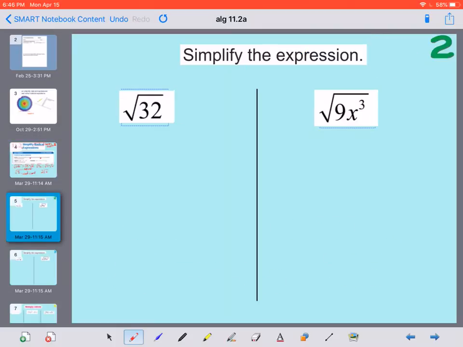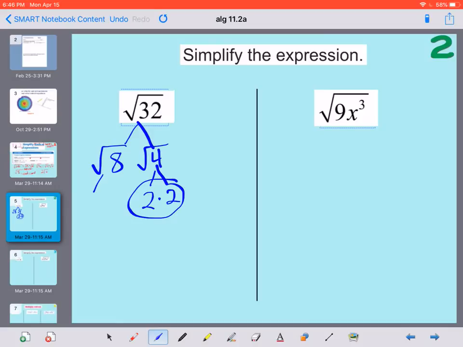First one, we have the square root of 32. Now I know that that is not a perfect square. So what I'm going to do is split this into what we know. I know that 32 is 8 times 4. Now I can find the square root of 4 because that is a perfect square. The square root of 4 is 2 times 2. So now I know that I'm going to have a 2. Here we can split that 8 into 4 and 2.